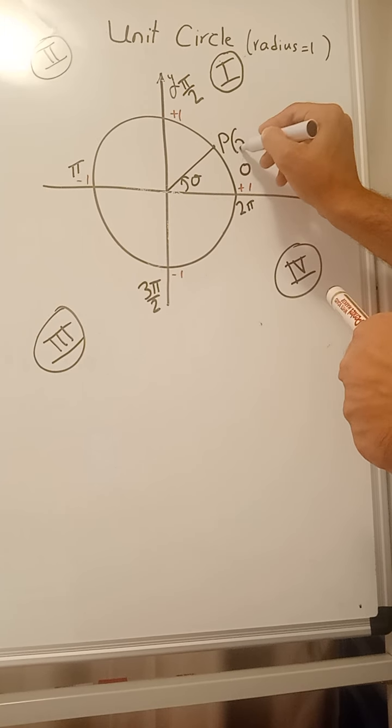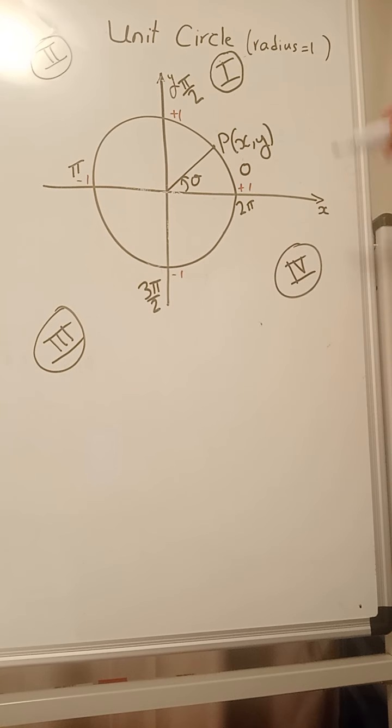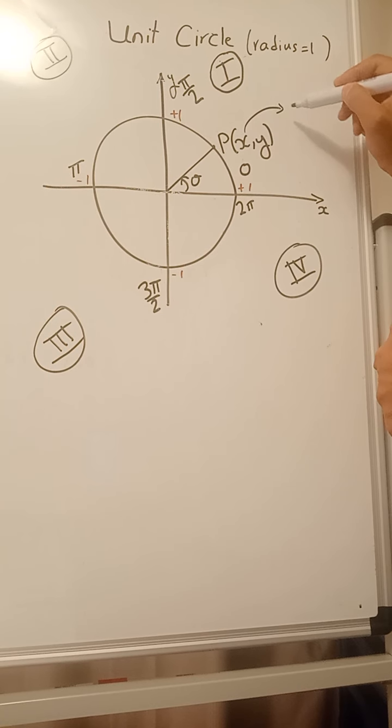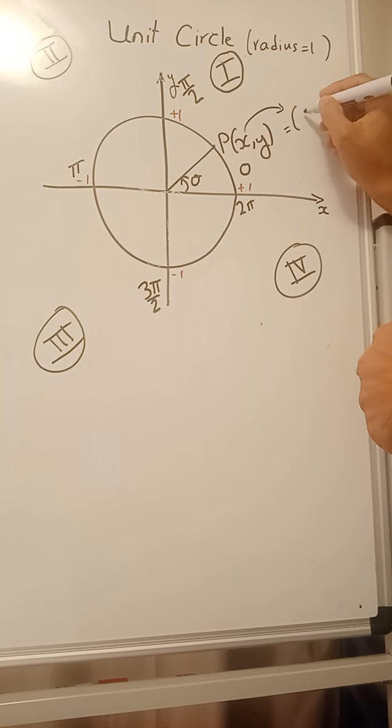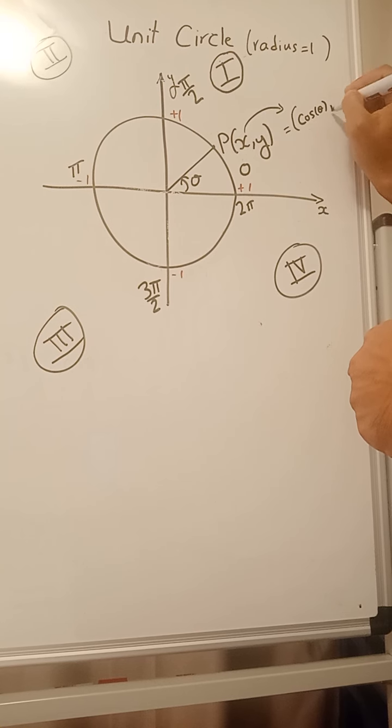That P has x and y as coordinates. X is the cosine of theta and the y is the sine of theta.